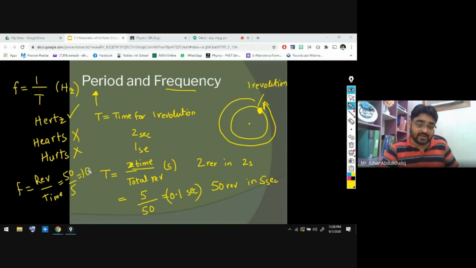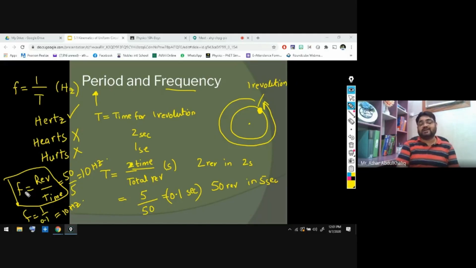It will be 10 hertz. You got it? Or you can directly say F is equal to 1 over T, 1 over 0.1, so it is 10 hertz. Both ways are correct. But this is the formula for the frequency: write revolutions as numerator and time as denominator.